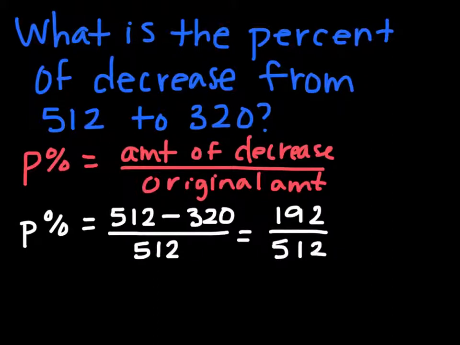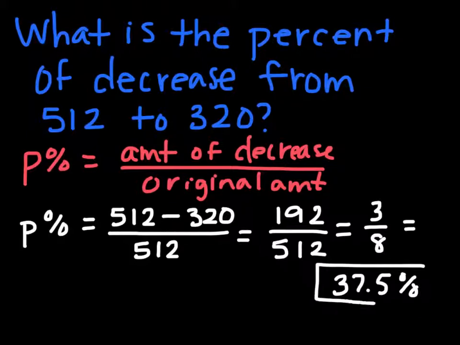Now, we simply reduce this fraction to 3/8, which we can then rewrite in percent form as 37.5%. Our percent decrease from 512 to 320 was 37.5%.